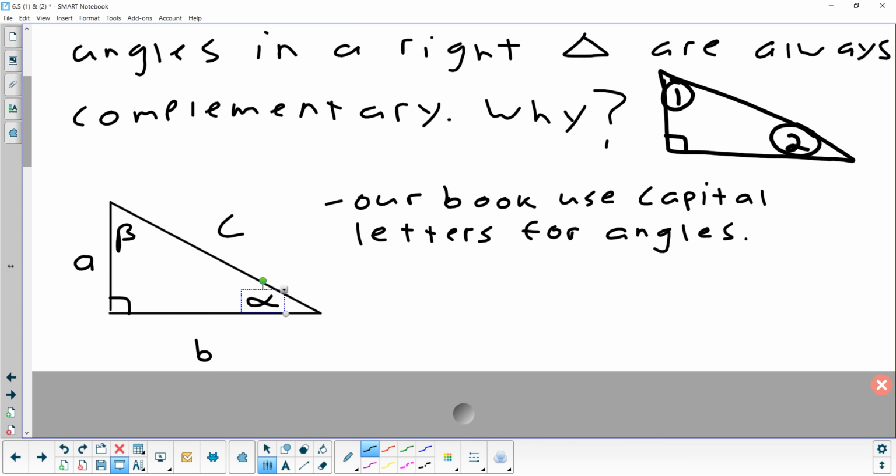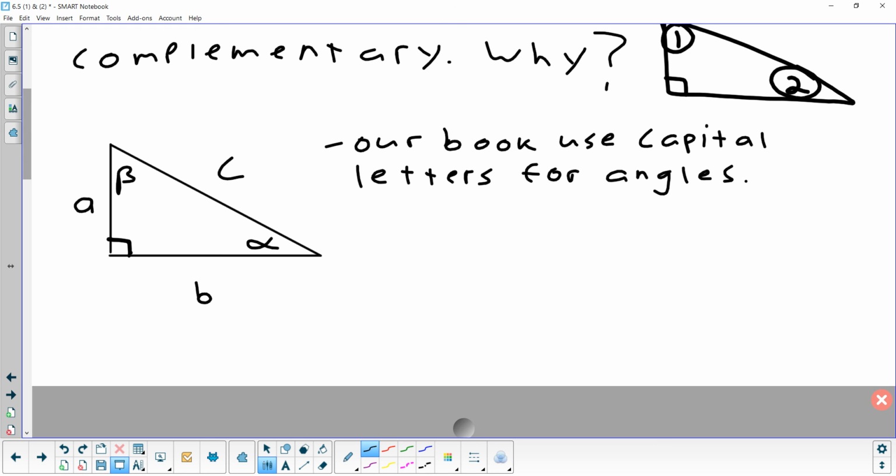Always put A opposite alpha. And we're always going to put B opposite beta. This angle, you never have to give a name to. It's the 90. A from alpha, B across from beta, and C is your hypotenuse.